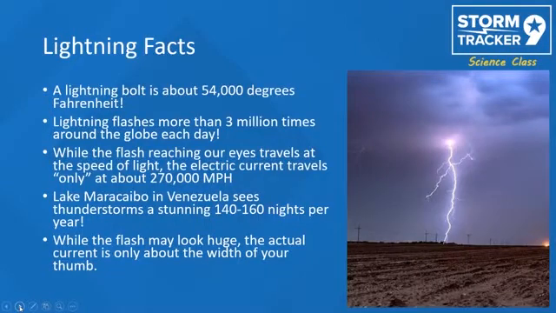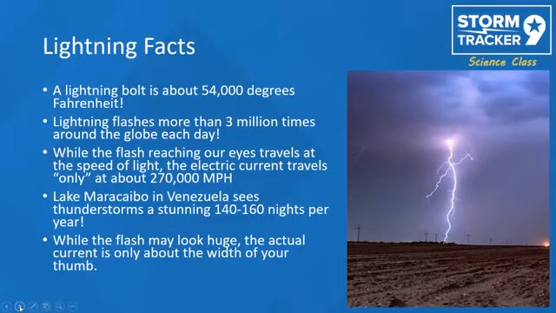And while the flash reaching our eyes travels at the speed of light, which is some insane number, like 670 million miles an hour, the electric current, the actual discharge of charge to the ground, only travels at about 270,000 miles an hour. Lake Maracaibo in Venezuela sees thunderstorms a ridiculous 140 to 160 nights per year, the most anywhere in the world. It's one of my bucket list locations.